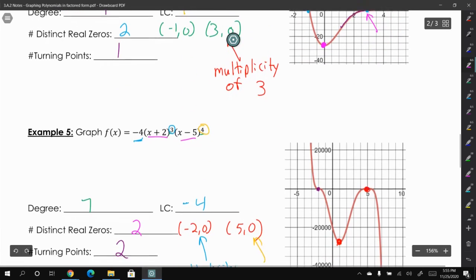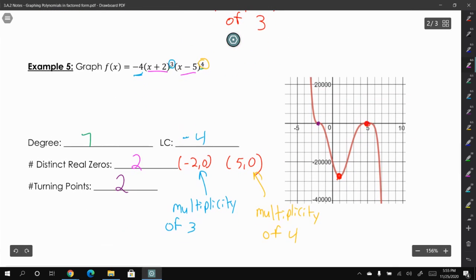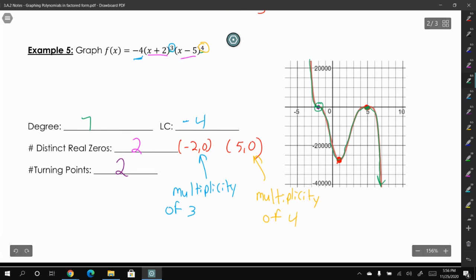If we look at example number 5, if we follow the graph at this 0 right here, we cross the x-axis, we go through it. The next time we come to the x-axis, we touch it and we bounce back. We bounce off the x-axis. So if we look at our multiplicity of those zeros, when we crossed, our multiplicity was 3.